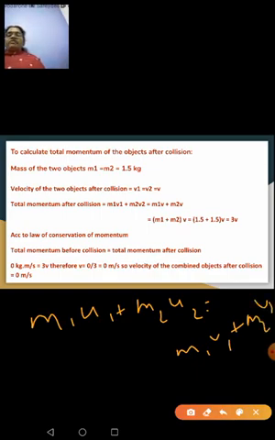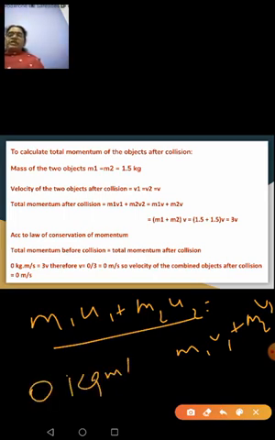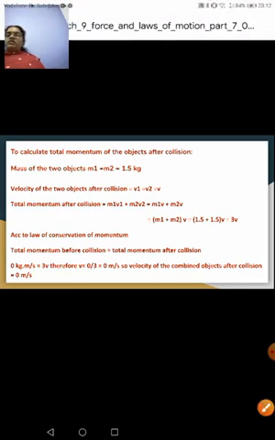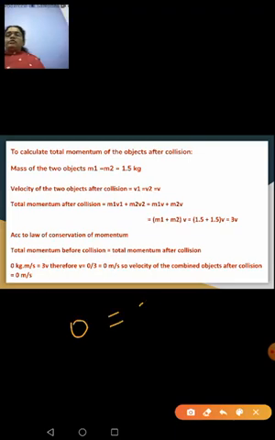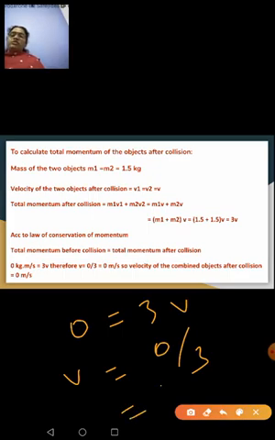This part we calculated in the previous slide, which is equal to 0 kilogram meter per second. Then here we calculated 3v, right? Now we want the value of v. The equation goes like this: 0 is equal to 3v. We want v equal to 0 upon 3. So 0 upon 3 will give you 0 meter per second.